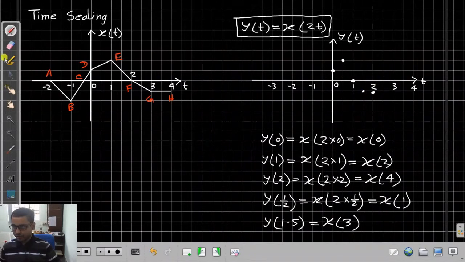Now let us join these points. Similarly, on the left side, the curve will look like this.